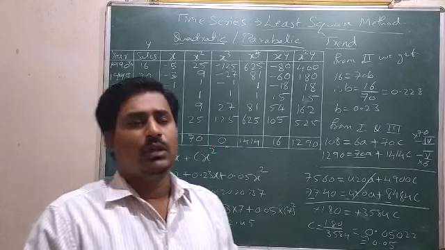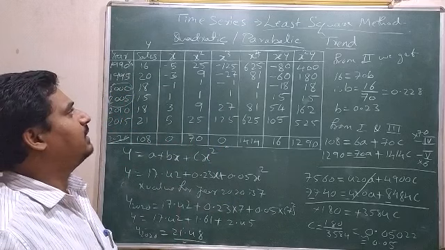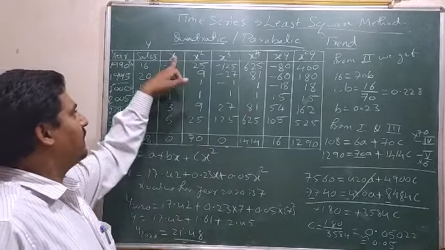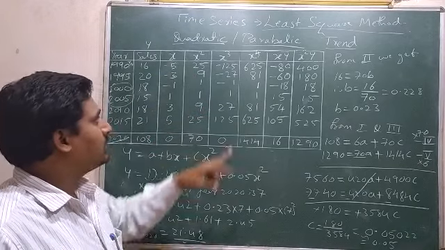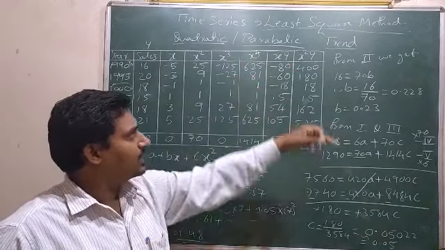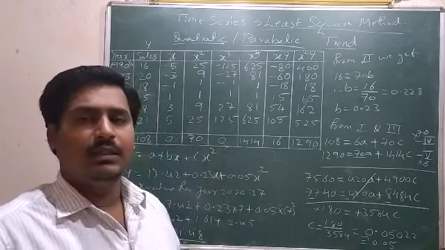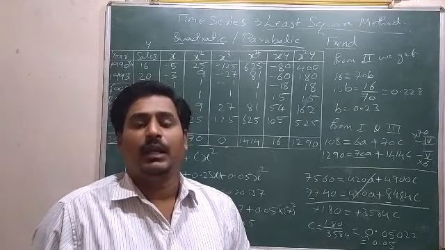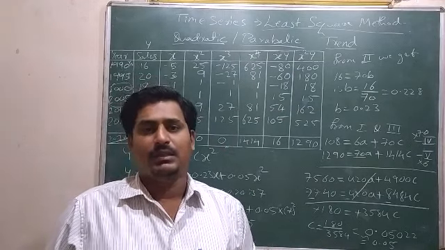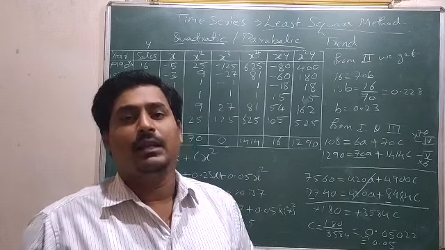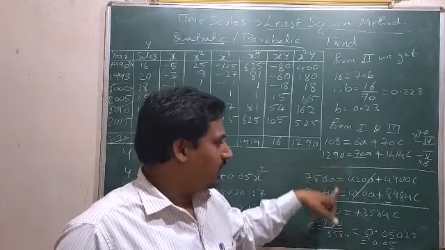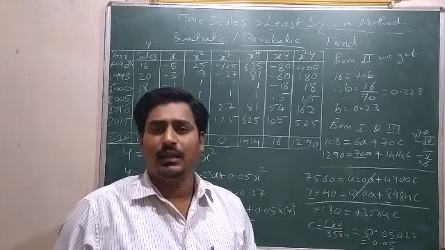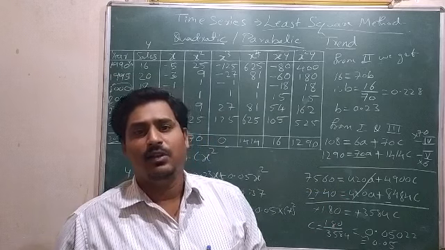Okay, so here we completed the quadratic trend. So first x values and x square values, x cube, x4, xy and x square y, putting them in 3 normal equations, we can identify A, B and C values, where we can get the B value directly, and the A and C values by solving simultaneous equations.